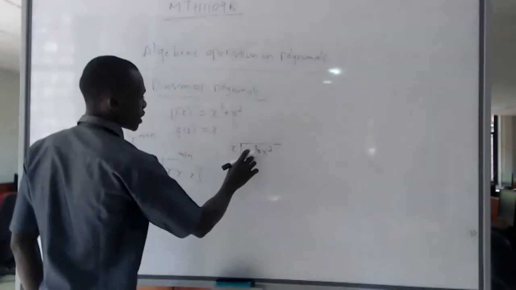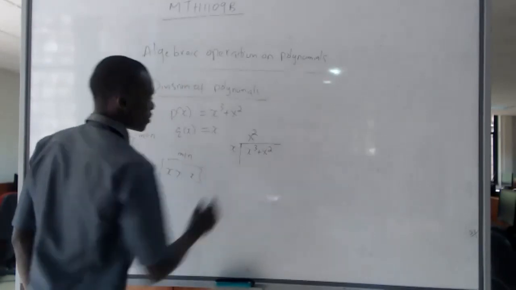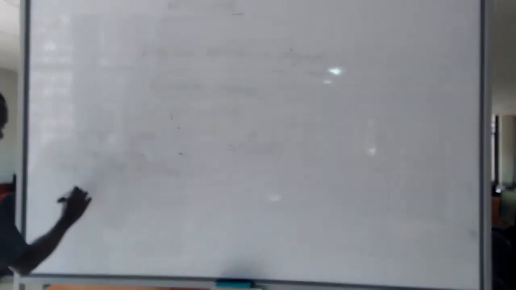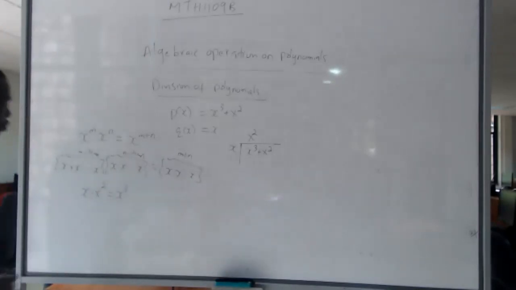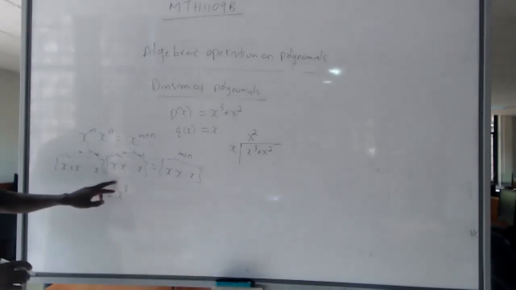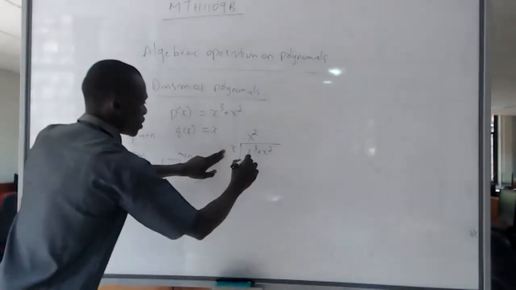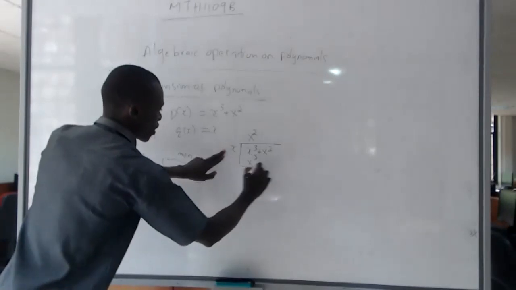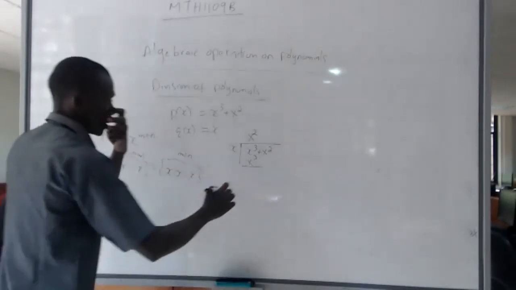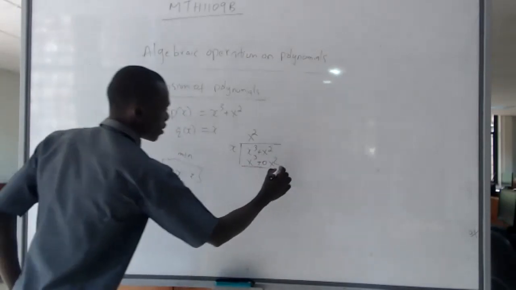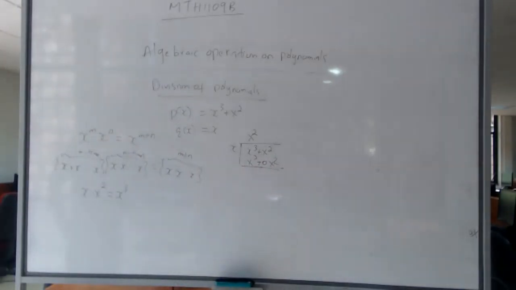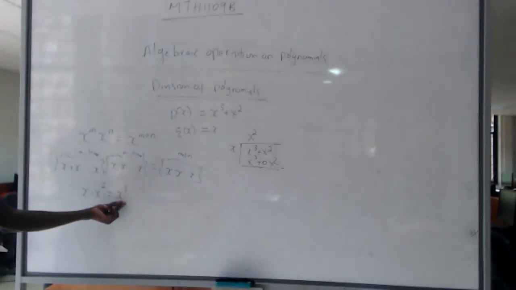So x will go into x cubed, x squared times. The reason for that: x times x squared gives you x cubed. Does it give you x squared or cubed? It gives x cubed.